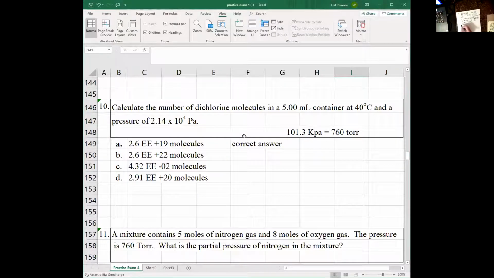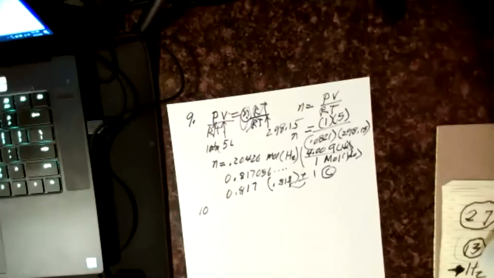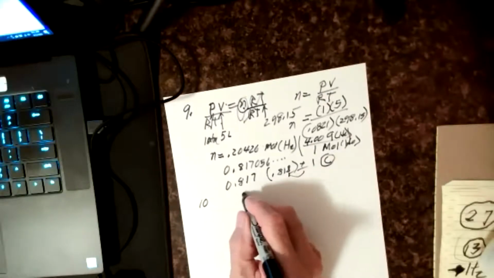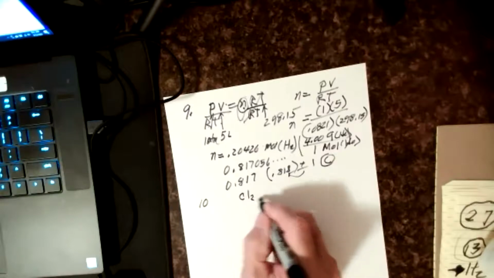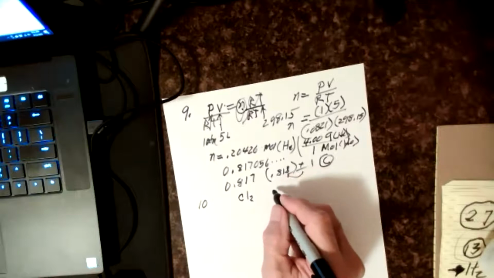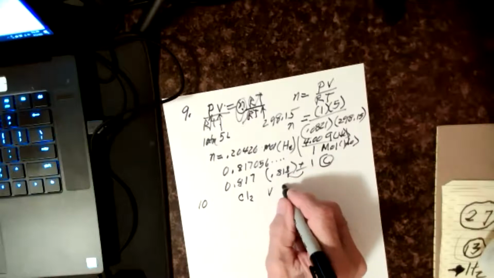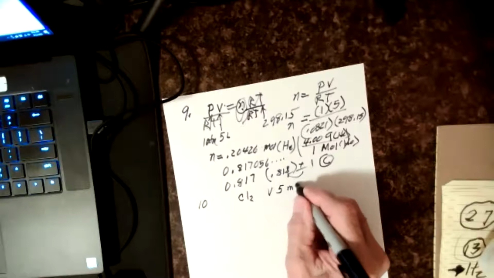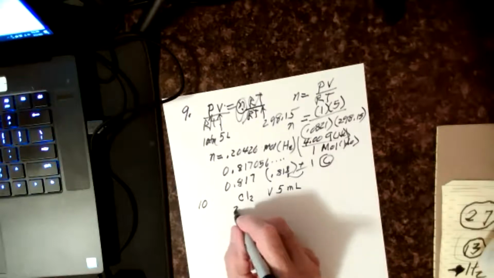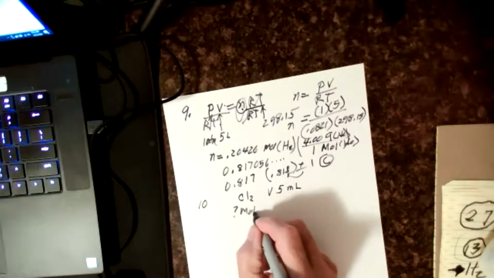It's the same thing. Okay, so let's go back and get it. Now it's an ideal gas equation, and Cl2 is the compound in there, and the volume is going to be 5 milliliters, and we're asked to calculate how many molecules.